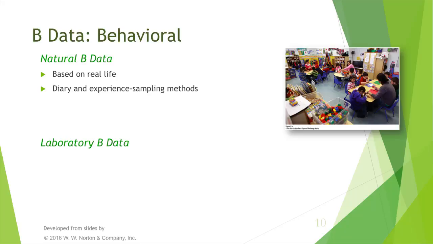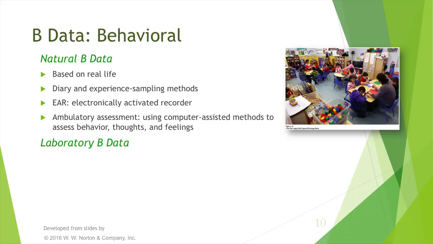Another related technique is the electronically activated recorder, or EAR. This is a digital recorder that a target carries with them at all times, and it samples whatever sounds are in the target's environment at preset time intervals. For example, it could sample sounds every 30 seconds, or it could sample sounds every 15 minutes.